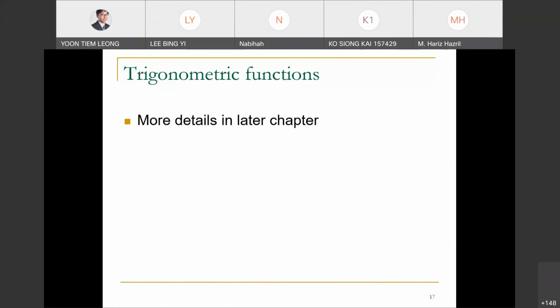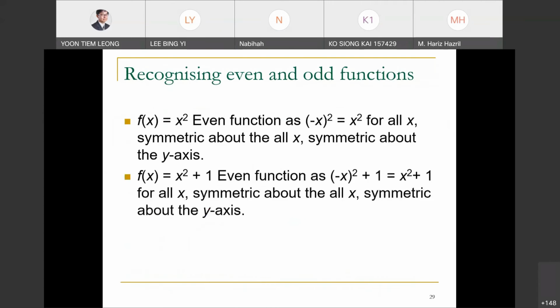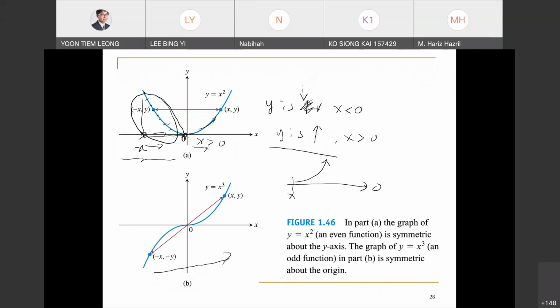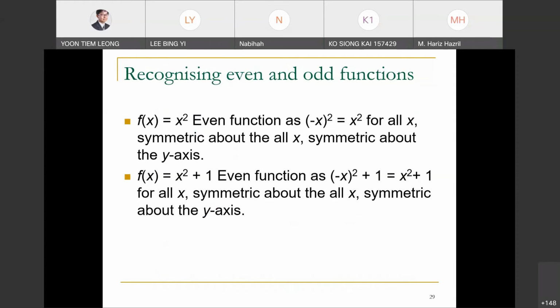Okay, so the next thing I want to talk about is a very simple concept, which is called a function that has a parity. Parity is spelled P-A-R-I-T-Y. The function could have positive parity or could have negative parity.